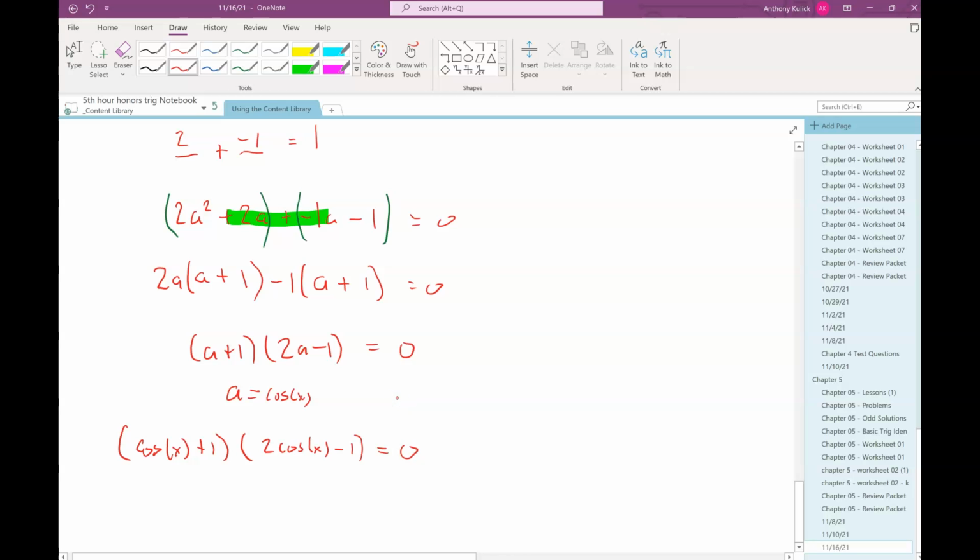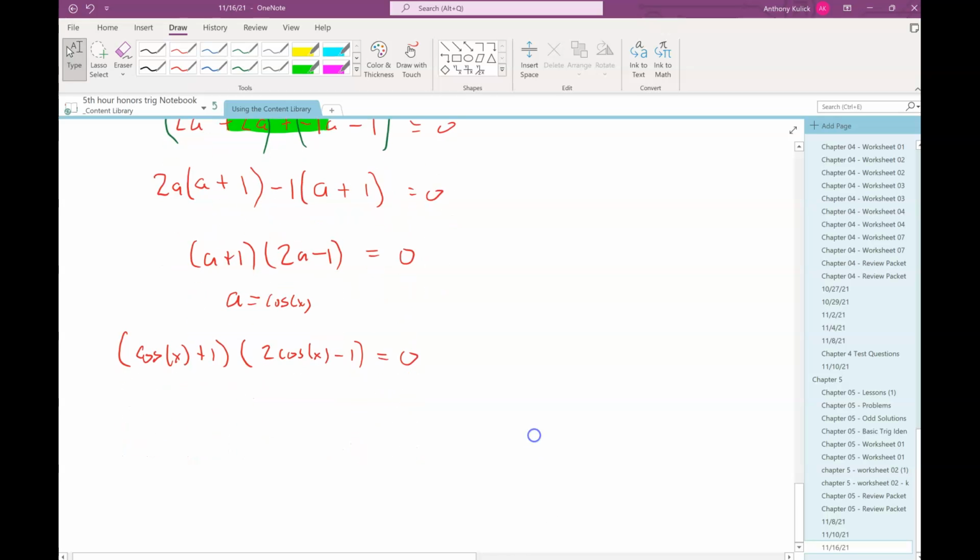So once we have our quadratic equation factored, if we wanted to solve this, what do we do next? Does anybody remember what to do next? Okay. We apply the zero product property, which allows us to set each factor equal to 0.